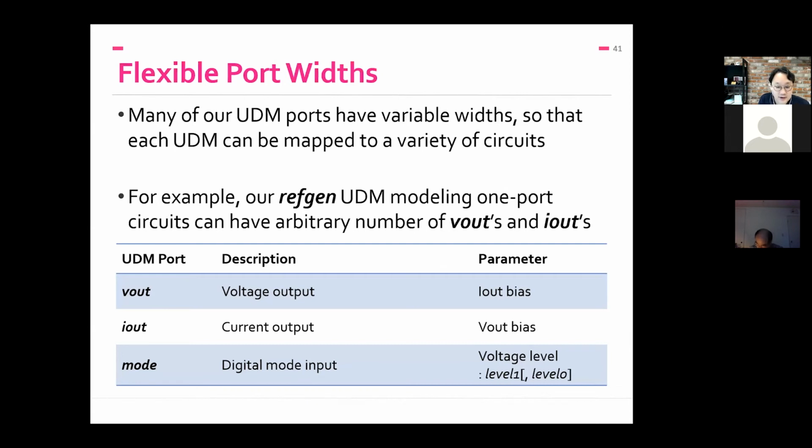Think of a circuit that generates multiple voltages from a single circuit. There's a lot of that. For those circuits, you don't have a separate UDM supporting 1 output, 2 outputs, 3 outputs, and so on. You can have a single UDM covering all of them because those output pins can have a variable width.